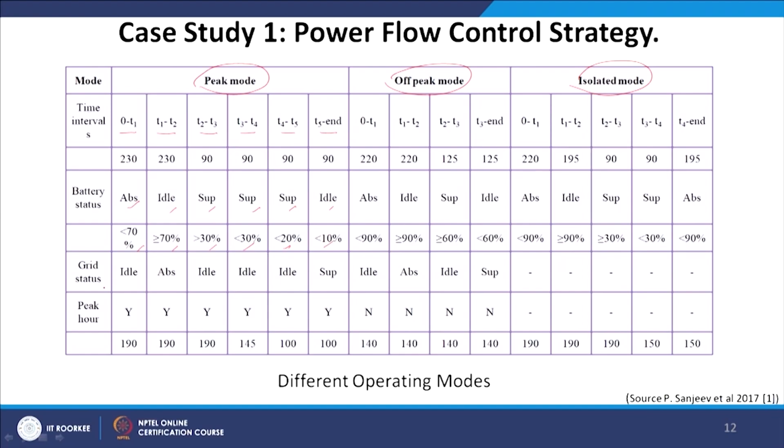And we can see the grid status, when it is idle, and whether it is a peak hour: yes, it is a peak hour. One point let us understand: when we talk about the peak mode of operation or peak hour of operation, it means my utility is experiencing a peak hour.